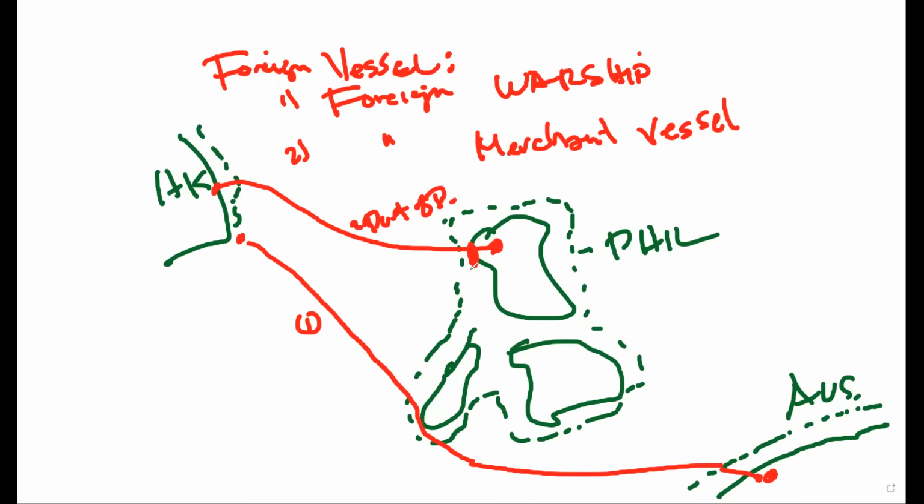So nakadock ang vessel. Then since it's within the Philippine territory, we apply the territoriality rule where crimes committed within the Philippines, we have jurisdiction to try the case. Now, in the first scenario, it's only in transit. It will only pass through the Philippines and the port of destination is another country, which is Australia.